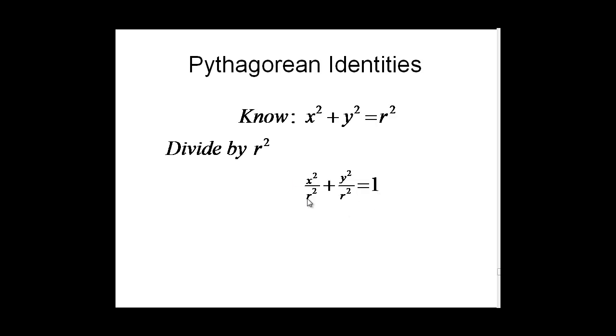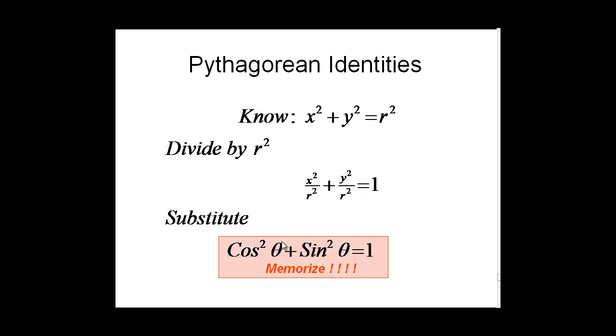So x squared over r squared is going to be cosine squared. Y squared over r squared is going to be sine squared, and that's equal to 1. Now that's an identity that you need to memorize. Just like you've already memorized x squared plus y squared equals r squared, or a squared plus b squared equals c squared, Pythagorean theorem, you need to memorize cosine squared plus sine squared is equal to 1.